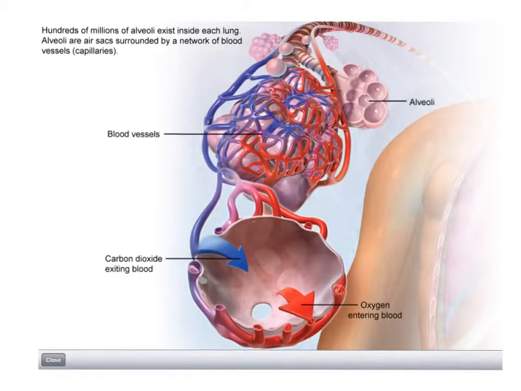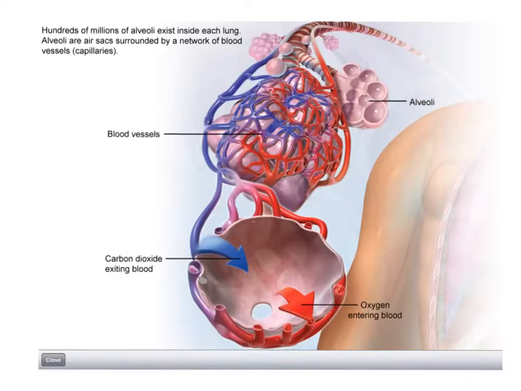Here's another view of the pulmonary capillaries encircling the alveoli, the tiniest of the air sacs. And the magic that happens here in this very thin, one cell or so thick interface is that the pulmonary capillary is right next to the wall of that alveolus, and gases, oxygen and carbon dioxide, can diffuse into and out of the bloodstream.